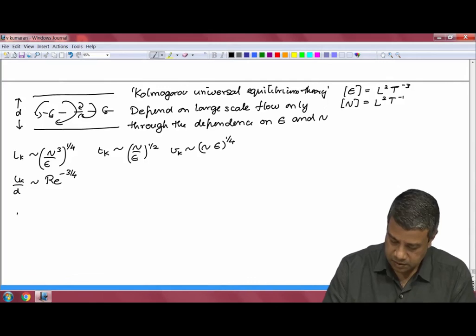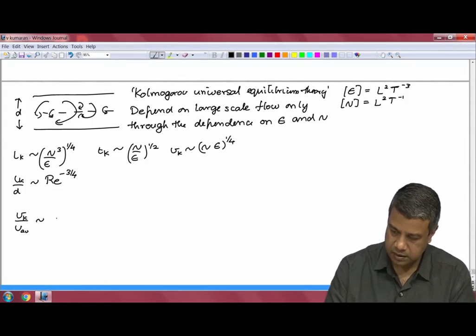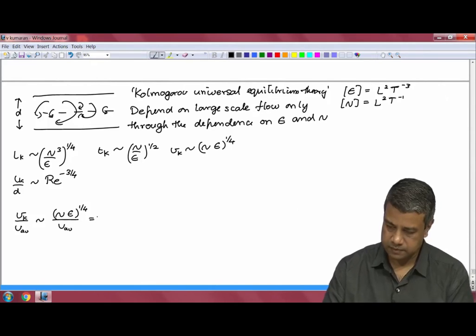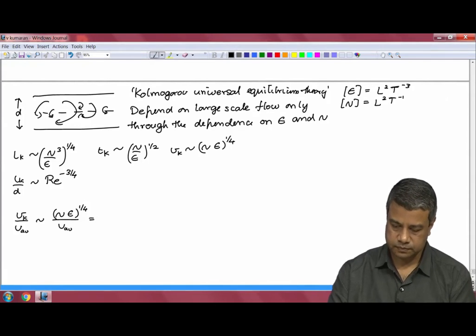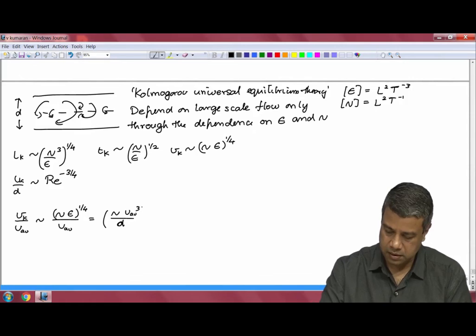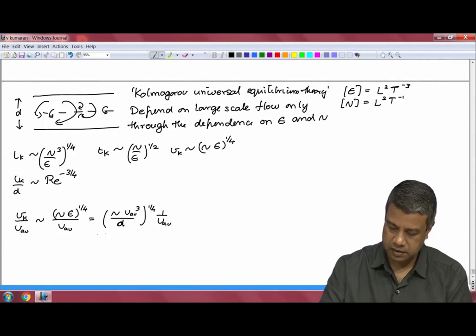What is the Kolmogorov velocity by the average velocity? It goes as (nu epsilon) power 1/4 by the average velocity. So, I can write (nu times V average cubed by d) power 1/4 times 1 over V average.